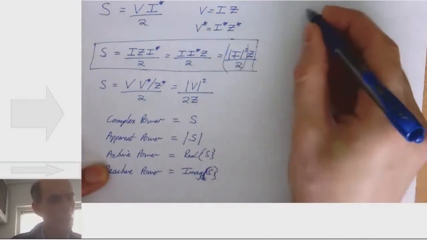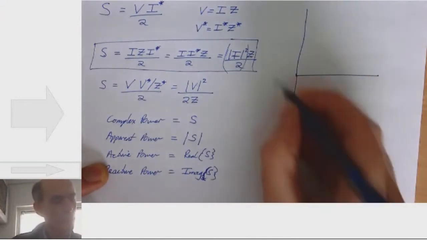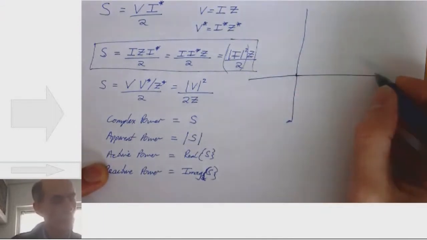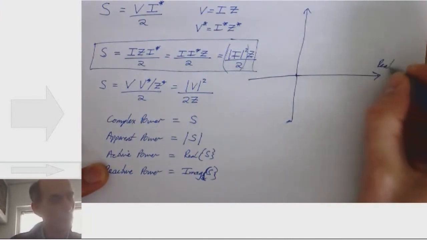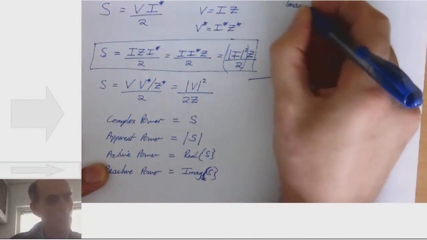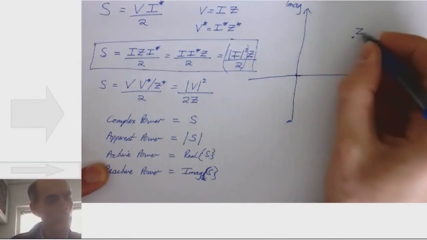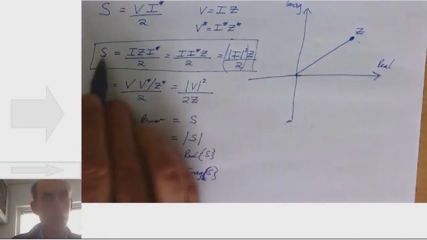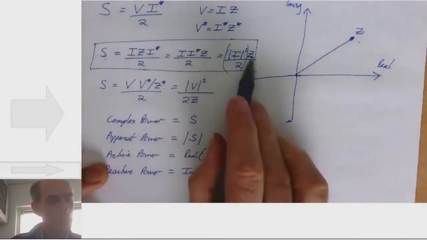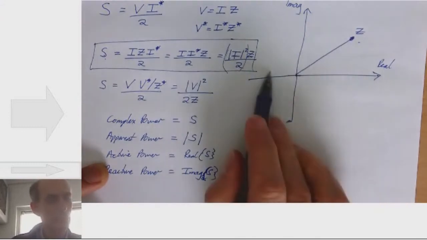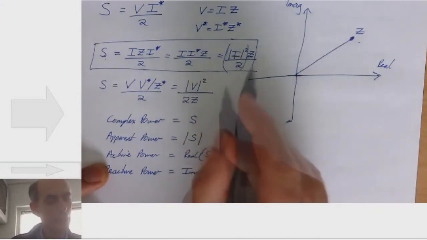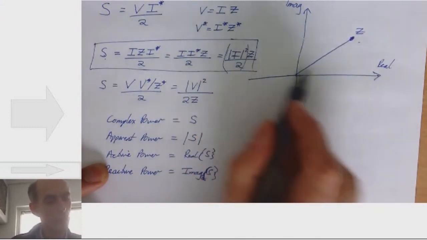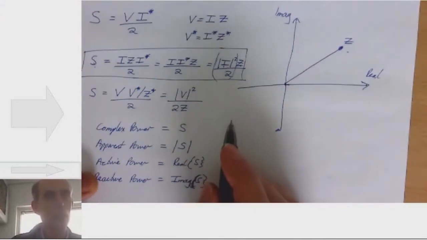If I have a complex impedance that I plot on an Argand diagram, for example, real, imaginary, and supposing Z was there, and that was my Z, then the complex power S would be in the same direction, just a factor of I squared over 2 further out.